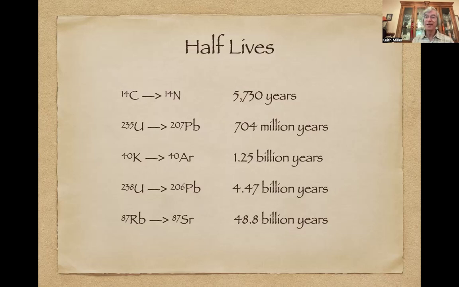It takes 48 billion years for half of the original rubidium to decay. What that means is you have this wide range of tools that can measure everything from things that are happening in physical anthropology to things that can date the age of the universe, and the age of planets, the age of the Earth.